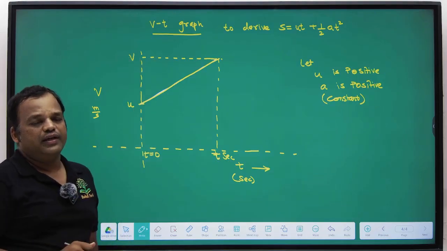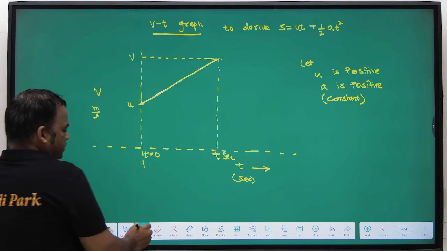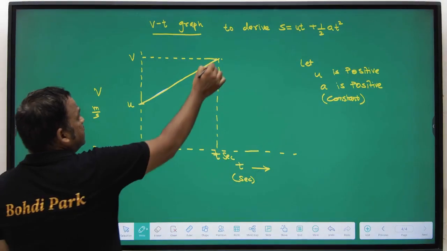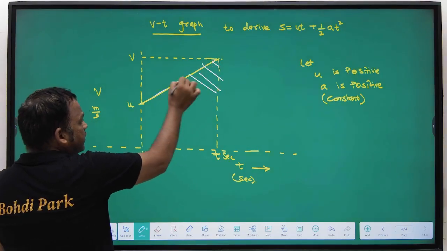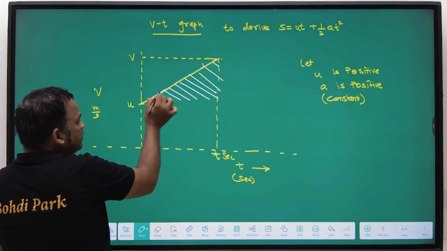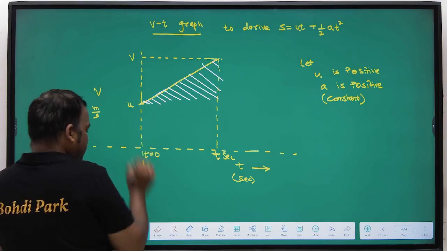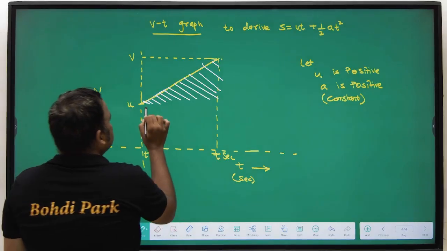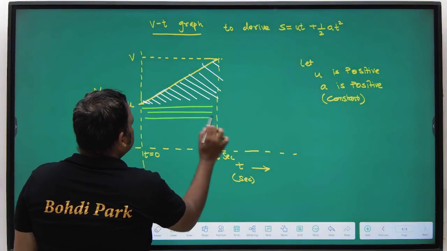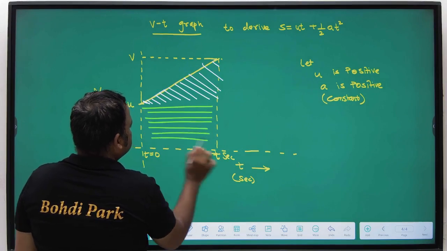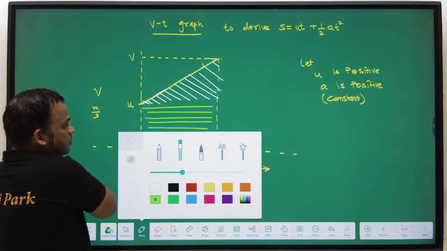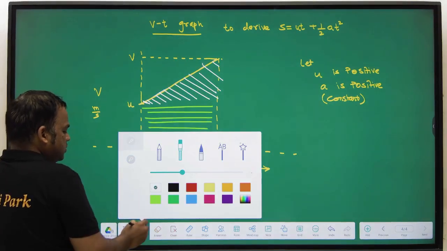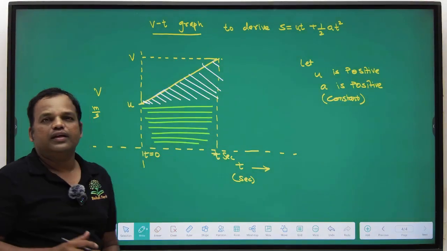Now we will find the area under this graph, this complete area, which is the sum of a triangular region and a rectangular region. So this is the total area under the graph.